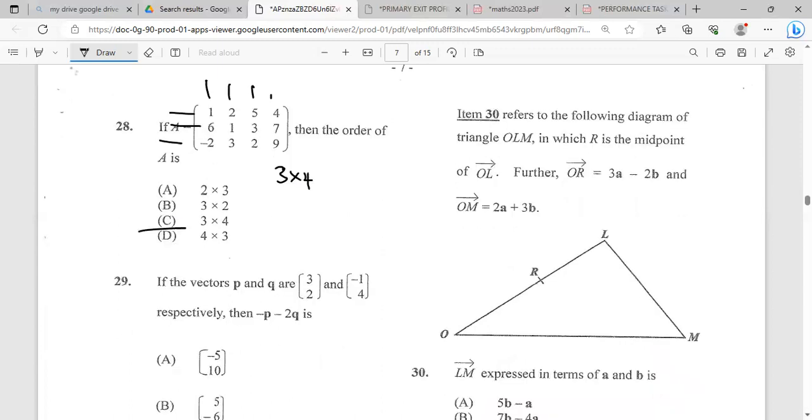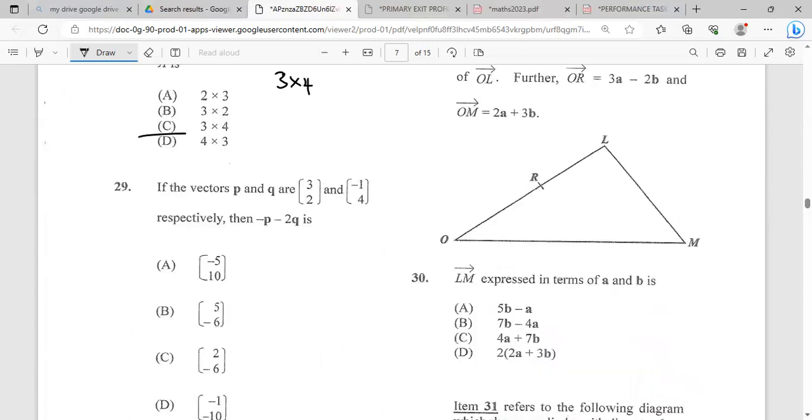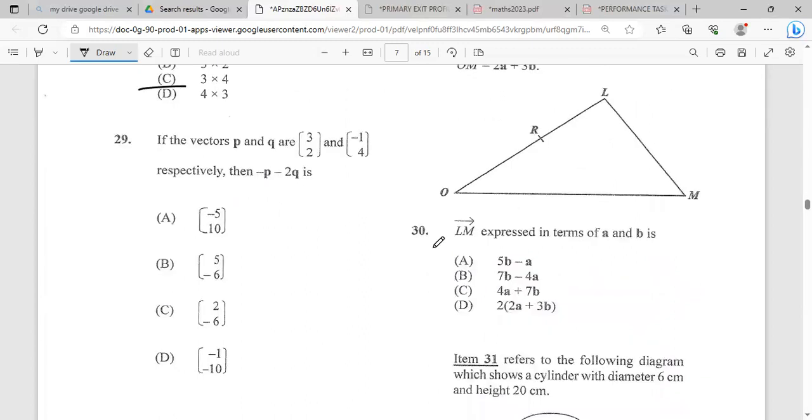Let's move to 29. If the vectors P and Q are 3, 2 and -1, 4 respectively, then P minus 2Q. All right, so we know that P is the first one, which is 3, 2. So let's put things in perspective. Minus 2Q, which is -1, 4.